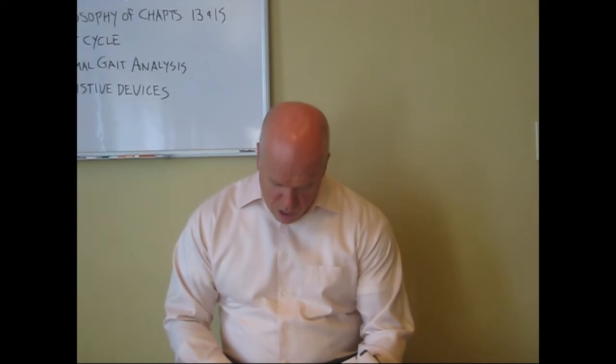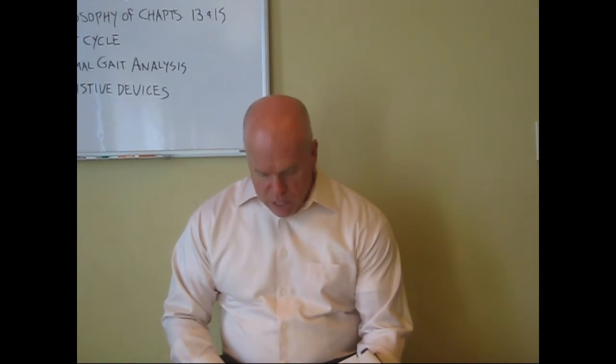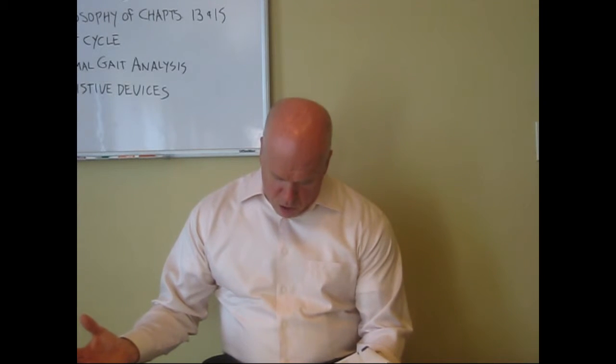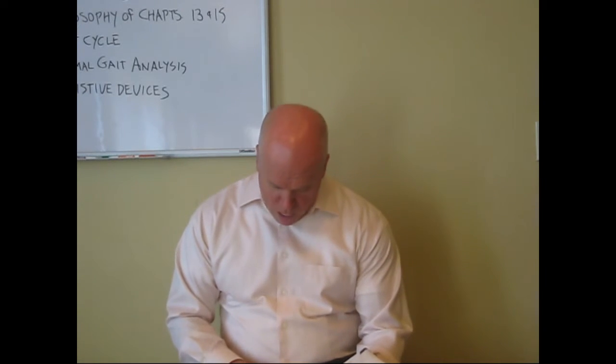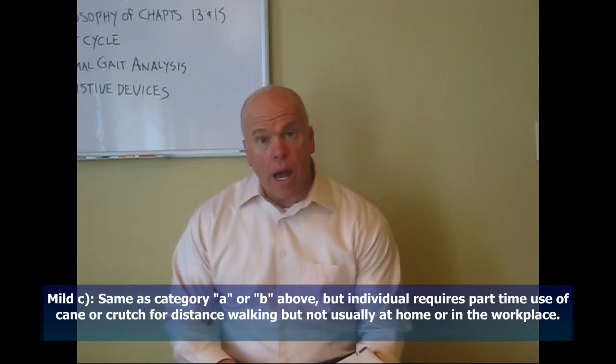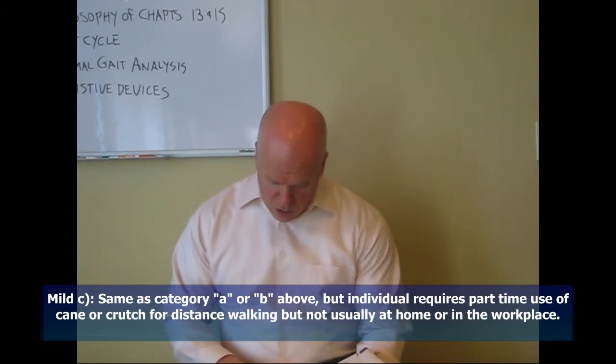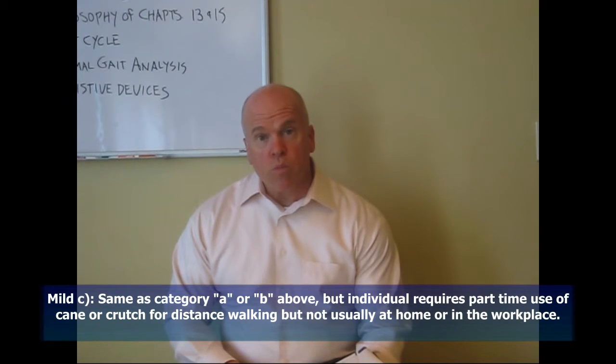The third category of the mild impairments is the same as category A or B above, meaning we have an antalgic limp with a shortened stance phase, or we have a positive Trendelenburg sign, also degenerative changes on x-rays, but this person is more impaired than either of those two.